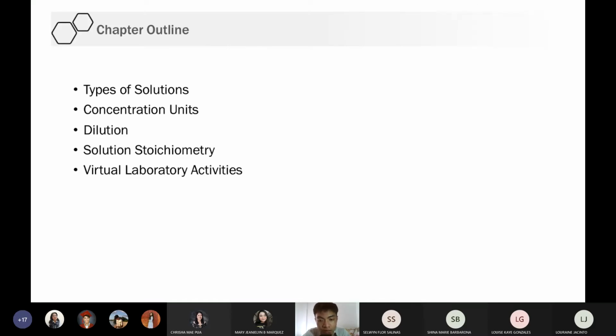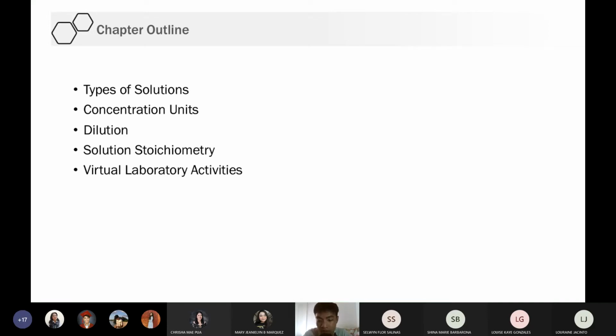Okay? So what we will discuss now are the qualitative aspects of solutions. What are the qualities of a solution, how is it formed, what are electrolytes, and how to determine if a substance is an electrolyte or not. And then we will proceed with the concentration units.